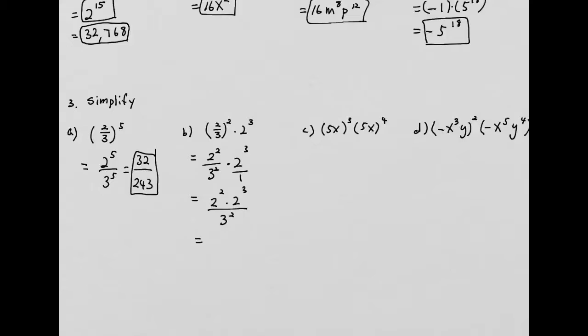So on the numerator will be 2 to the 5th exponent, right? Because same base multiplication, add the exponents. The denominator will be 3 squared. That's simple multiplication. So 2 to the 5th exponent, we just did that, which is 32. 3 squared is going to be 9.